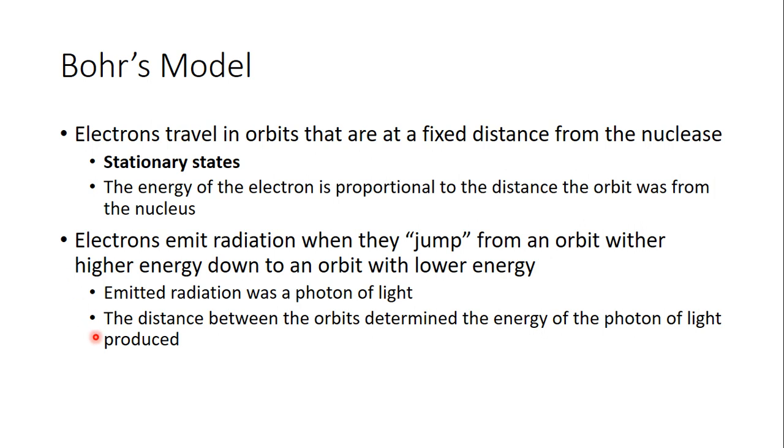And he thought the bigger the jump, the more energy you have to put in, or the more energy you get out. And this helps explain why the emission and absorption spectra are the same wavelength of light, because if you're jumping between two different energy gaps and you come down off these energy gaps, the energy going up and the energy going down should be the same.